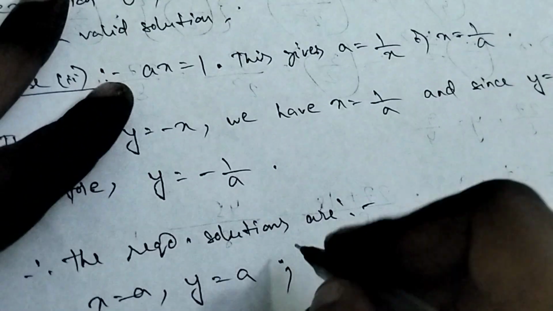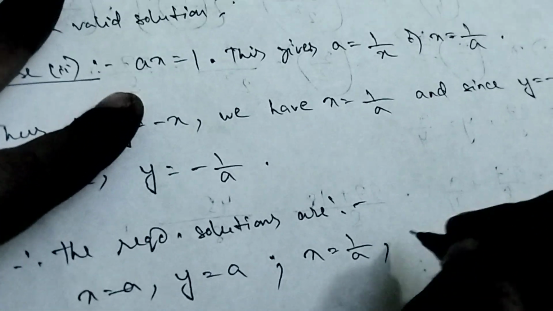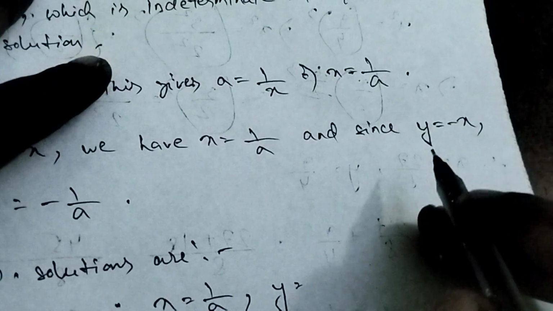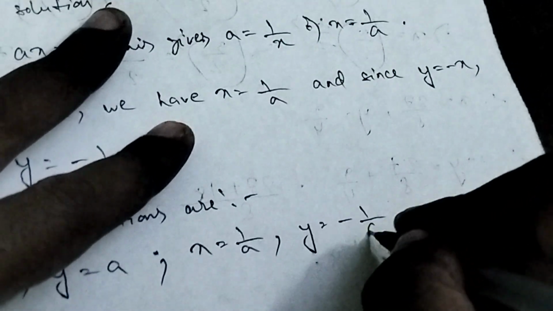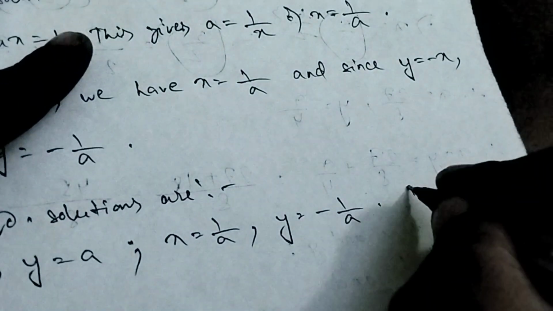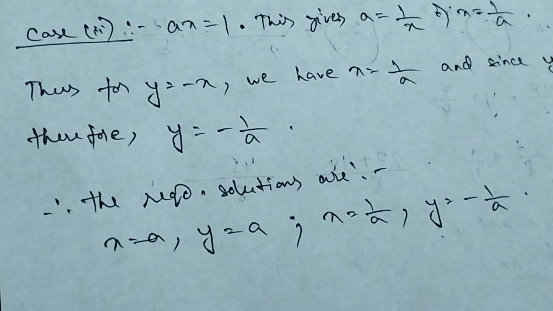And the second one is x is equal to 1 by a, and y is equal to minus x, since the value of x is 1 by a, so y will be minus 1 by a. So here we have got two solutions, and this is the answer. Clear? Thank you.